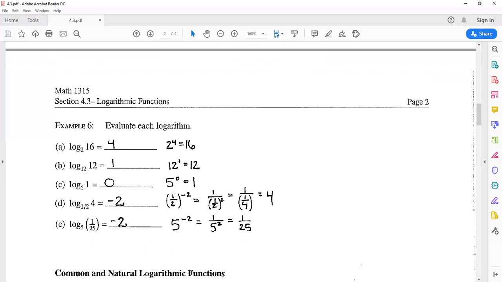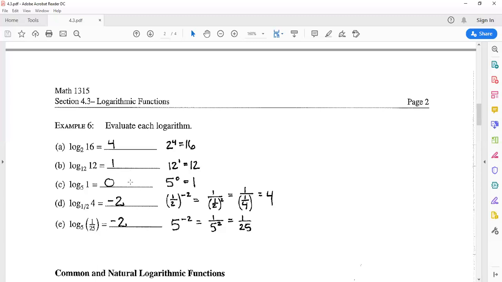If we do 1/2 to the -2, that is to say 1 over 1/2 squared, that is 1 over 1/4. But 1 over 1 over 4 is simply 4. So log base 1/2 of 4 equals -2.